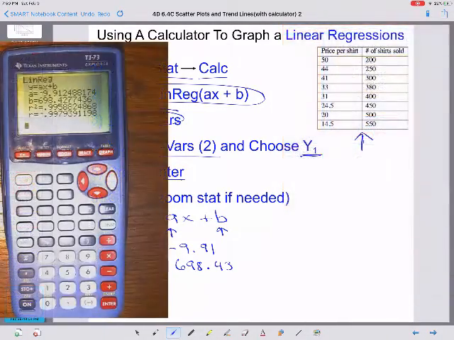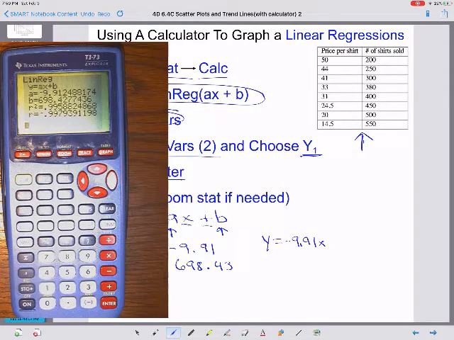Okay, so we actually can write an equation for our trend line now. That's y equals a, which is negative 9.91, x plus b, and b is 698.43. This is the equation to the trend line.